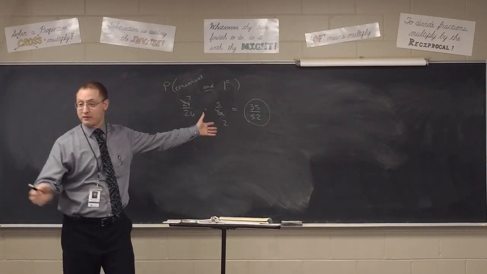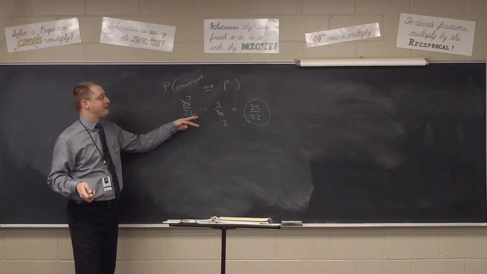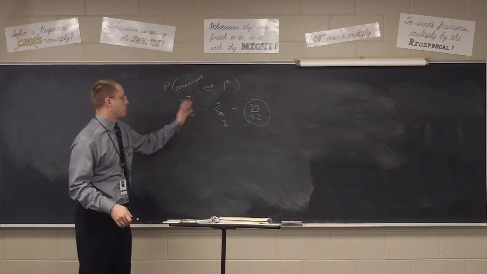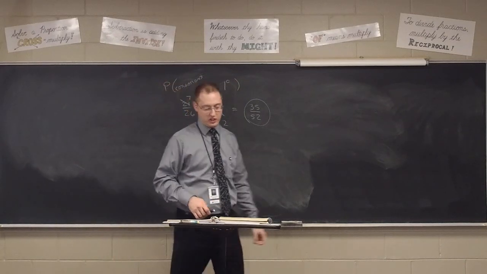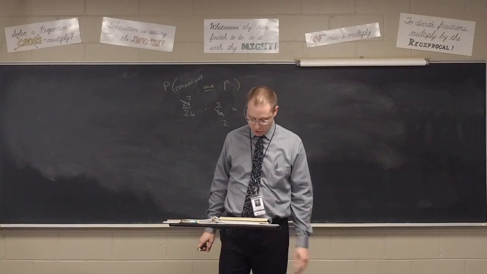All right, did we get 35 to 52 for our probability? 21 to 26 of a consonant, 5 to 6 chance of not getting a 1, and then cancel the 6 with the 21 to get 7 and 2, which makes our multiplication a little easier. Let's move on to number 8. A spinner is spun twice.